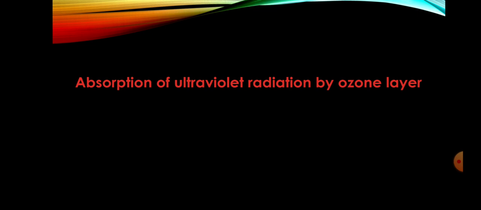Let's revise it. The ozone layer absorbs ultraviolet radiation which comes from the sun. The ultraviolet radiation comes from the sun and breaks ozone down to oxygen. So it is also a chemical change.